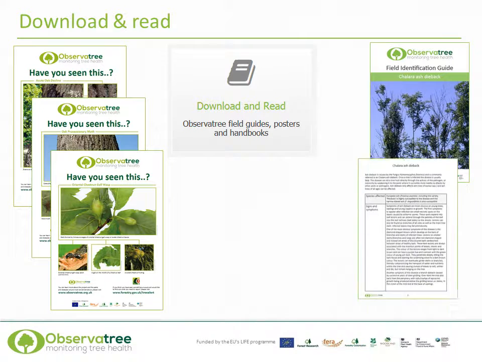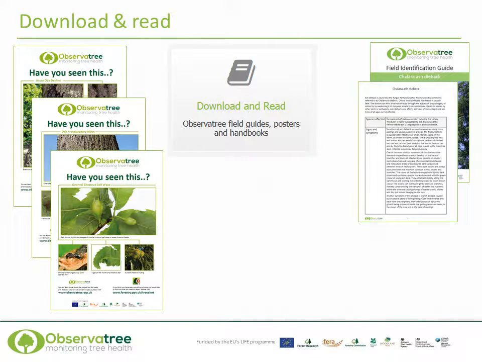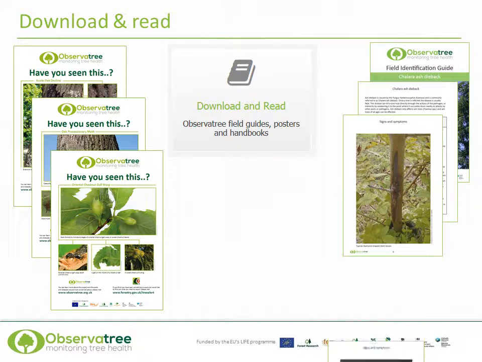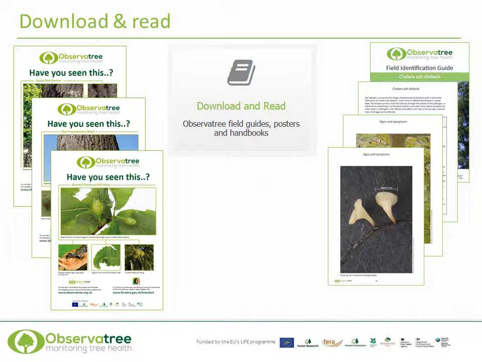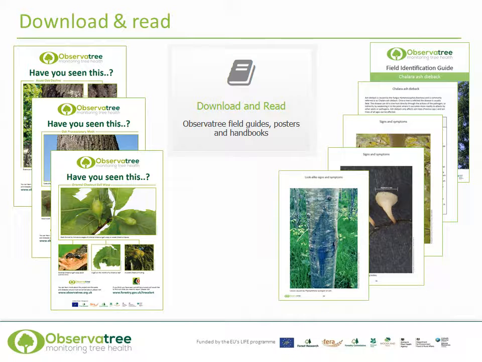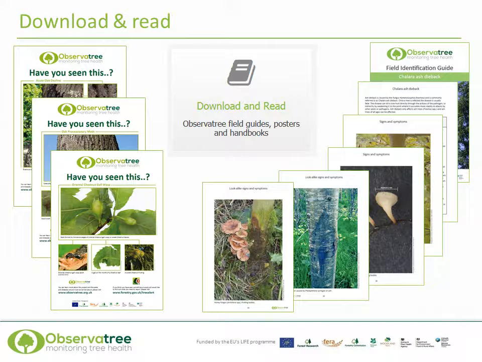These include general information about the organism, the harm it causes or the risk it poses, and pictures of signs and symptoms. They also include images of lookalike signs and symptoms that are often mistaken for the pest or disease in question, but are actually caused by something else. For example, the weather, site management, or other organisms, including natives.